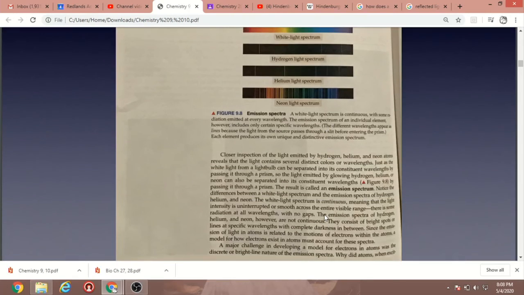And so what does that suggest? Well, basically, what that suggests is that we have some consistency here that's relating to quantum mechanics. So let me explain this.